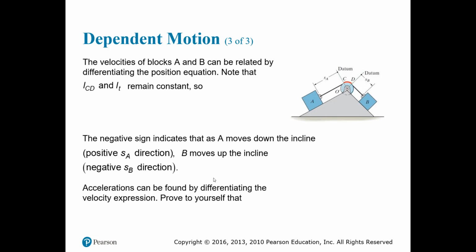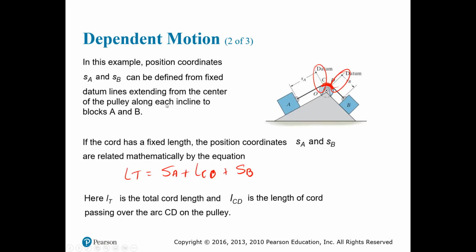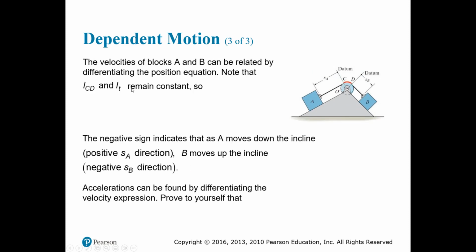If you have that equation, the good thing is that you can get equations for acceleration, position, velocity, and all of those things. The velocities of blocks A and B can be related by differentiating the equation that I had before. LCD and LT remain constant.